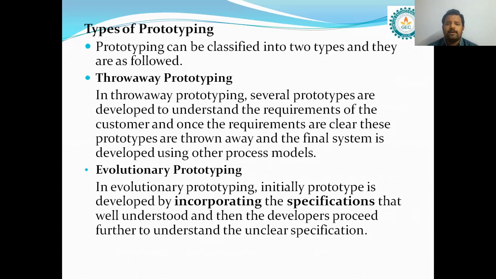After that, to proceed further, they will go for understanding the unclear specifications. If they do not understand, once again they will meet the customer and get the clarity from the customer, and then they incorporate these unclear specifications into the prototype as well. This is called evolutionary prototyping, right?